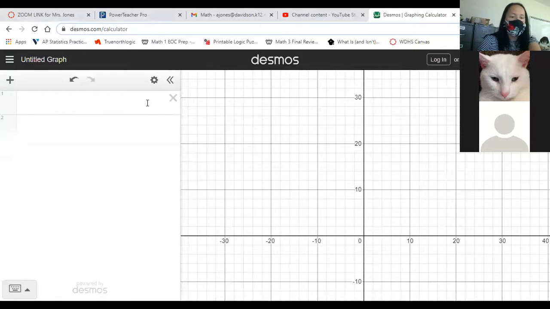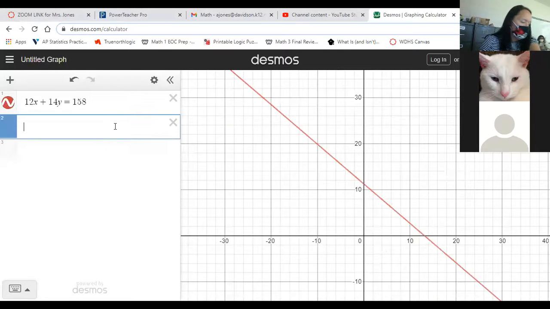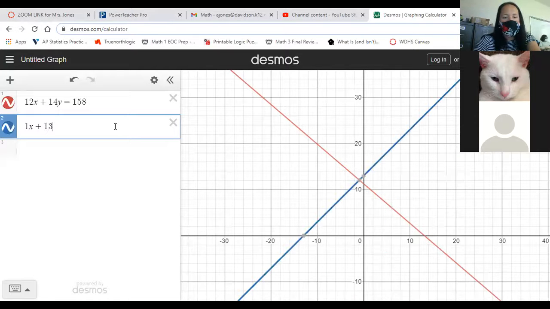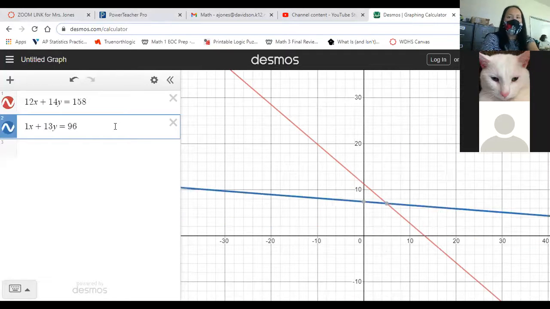The first one is 12X plus 14Y equals 158. The next one is 1X plus 13Y equals 96. They cross at 5, 7. Guys, they cross at 5, 7.